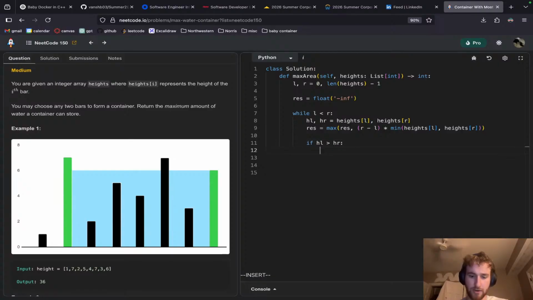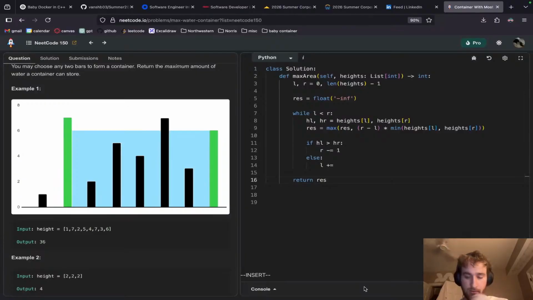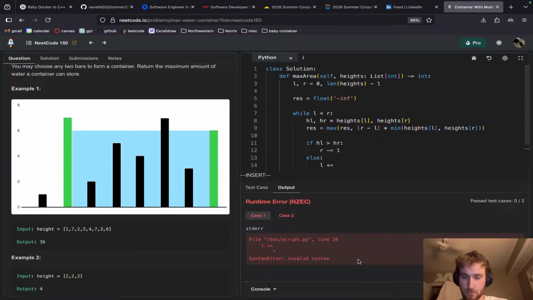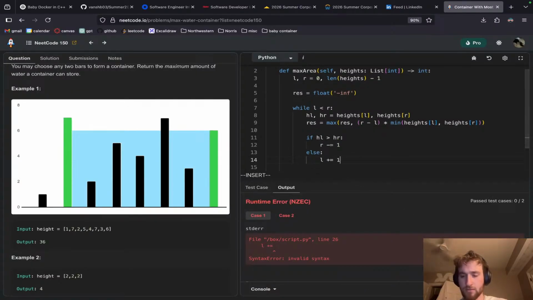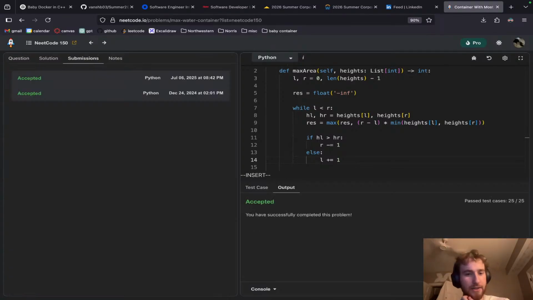So if the left is greater, we're going to move R in one, and else we'll do this. Yeah, okay. I just needed to think about it for a second.